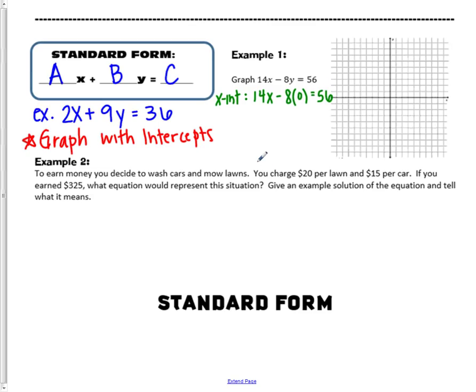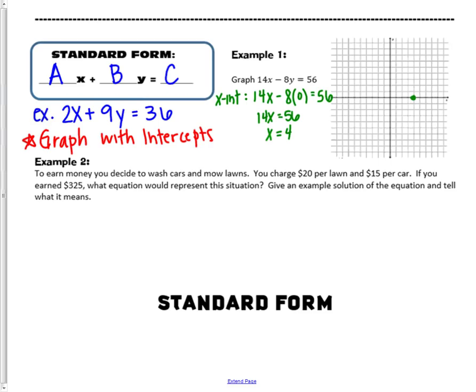We plugged in 0 for y. The 8 times 0 is just 0. So subtracting 0, that's not going to change anything. This part is going to go away, and we'll just have 14x equals 56. Divide both sides by 14, so x equals 4. That means on our x-axis, our intercept is 1, 2, 3, 4. So it's over here.